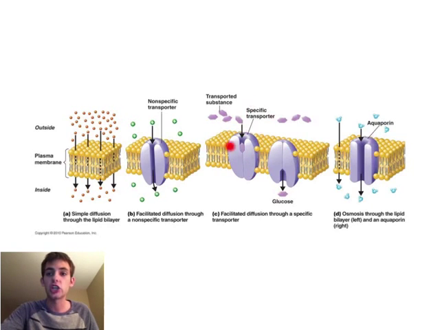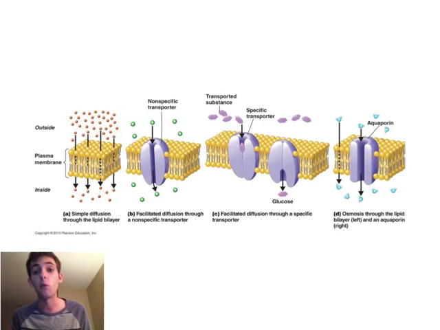They actually change shape and they move the molecule across the cell membrane. So here it's open at the top, and down here it's open at the bottom. That's a change in the shape. And then of course we have osmosis, which is the movement of water. And that's using those aquaporins, which is also a form of facilitated diffusion.